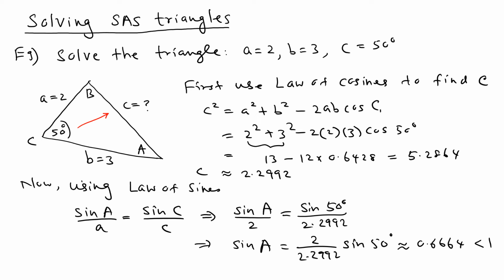But we know that there are two angles between 0 and 180, so we're going to find those two angles by taking the inverse. We have A1, the first angle, which is simply sine inverse of 0.6664. Using a calculator, you can see that this is 41.79.